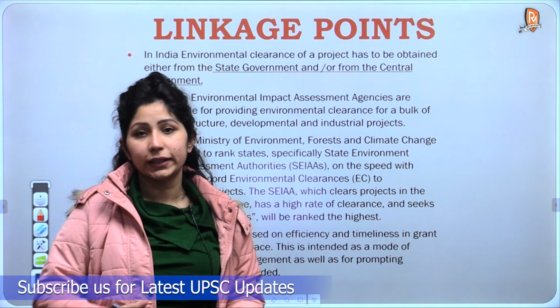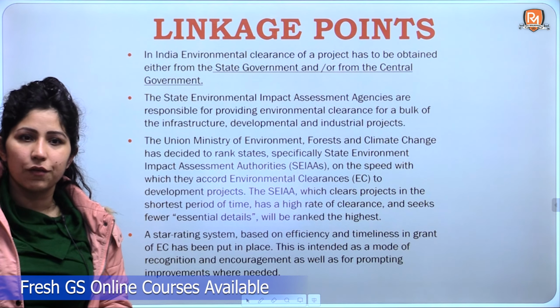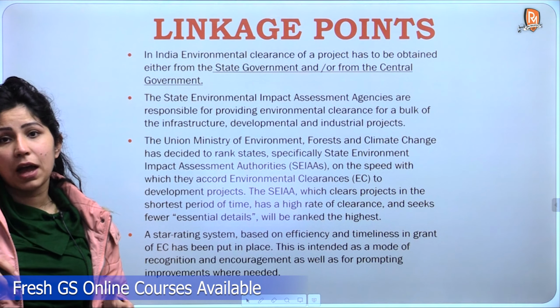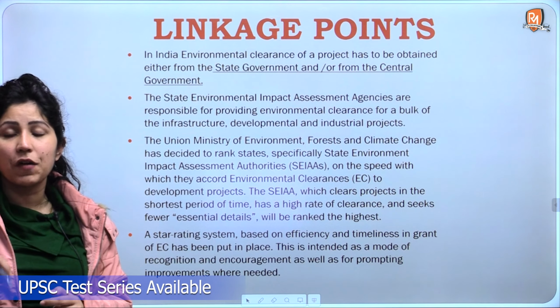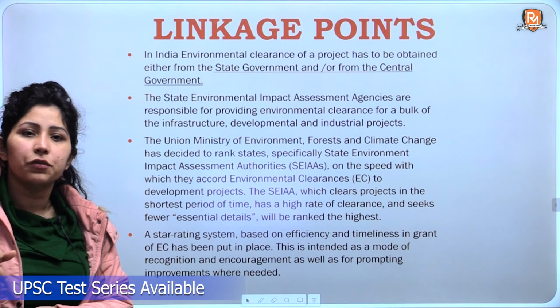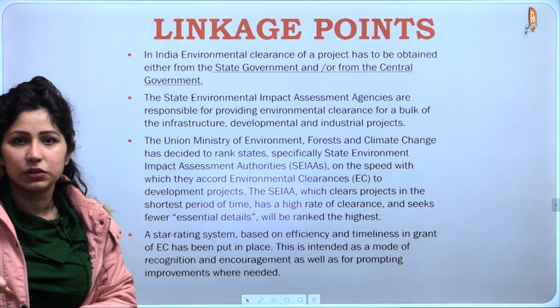it's written here that the environmental clearance of a project has to be obtained either from the state government or from the central government. The state environmental impact agencies are responsible for providing environmental clearance for a bulk of the infrastructure, developmental and industrial projects.